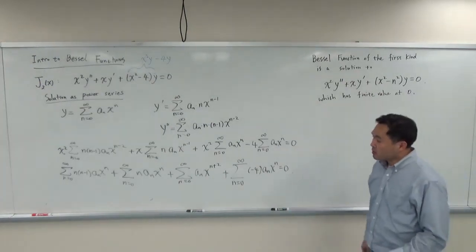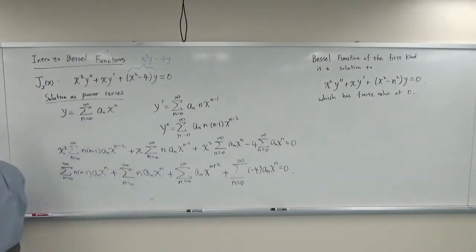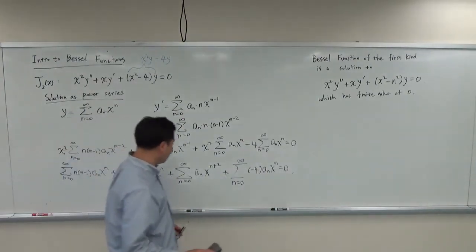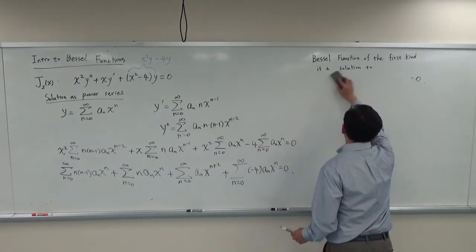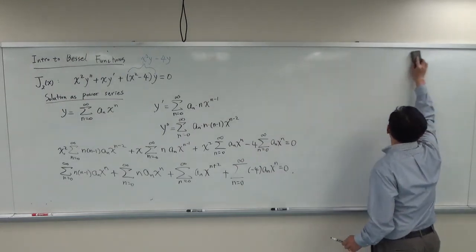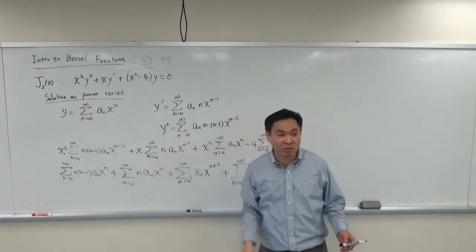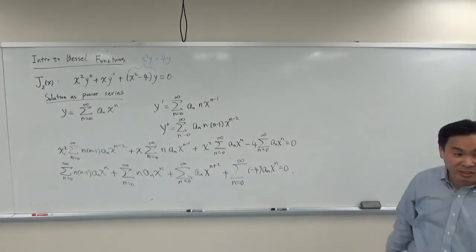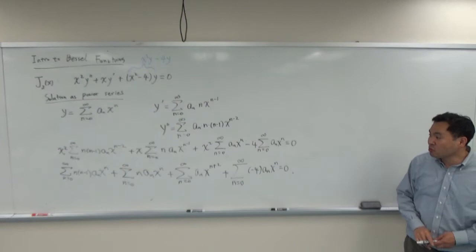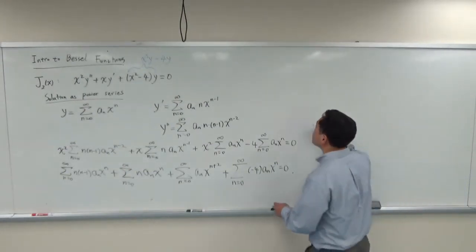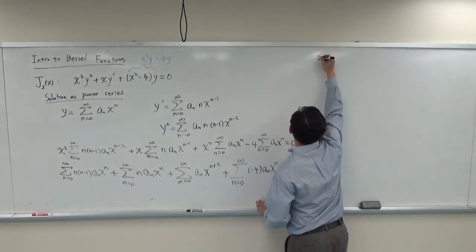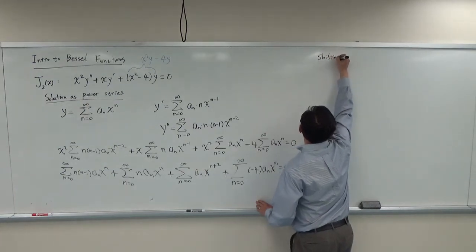All right, and the thing that I do not like is the third term. Why do I not like it? Because that looks different than the other ones. The other ones have x to the n. That one has n plus 2. So we're going to do something called shifting.